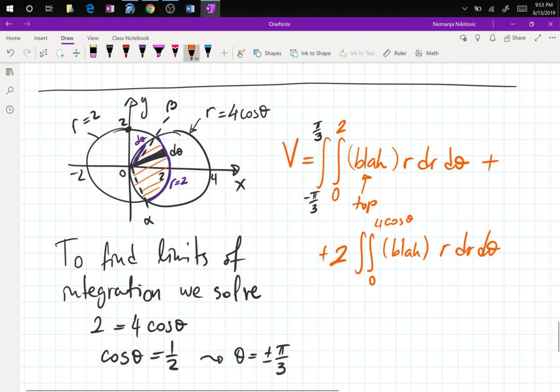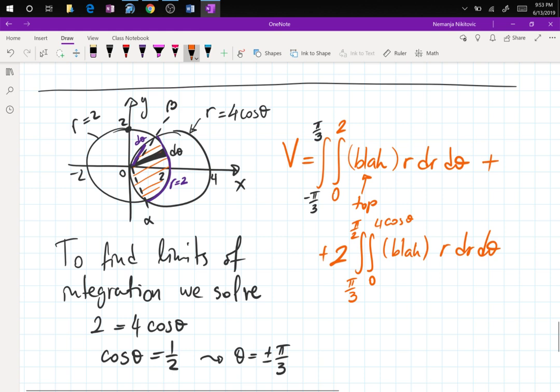And now the question is, what are the limits for the angle? Well, it starts at pi over 3 and ends at pi over 2, because that's where you are hitting 0.